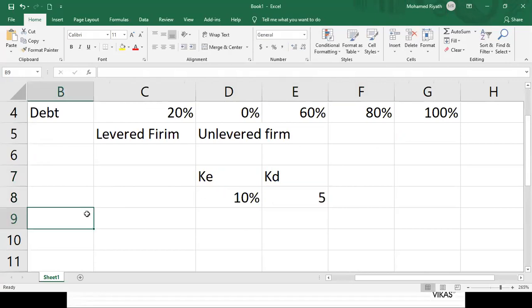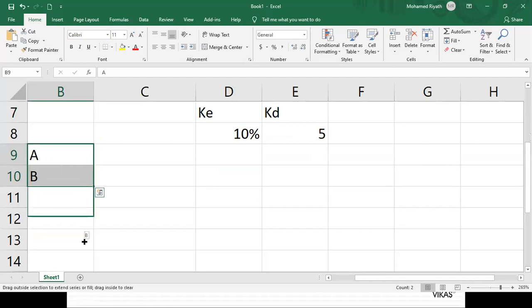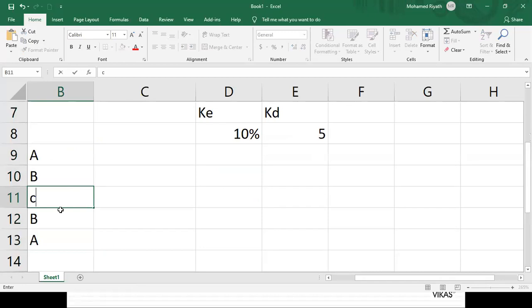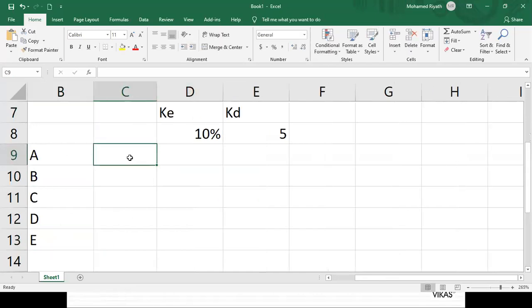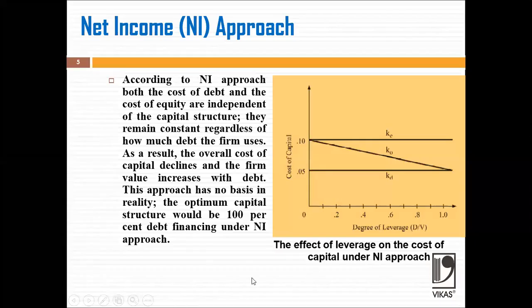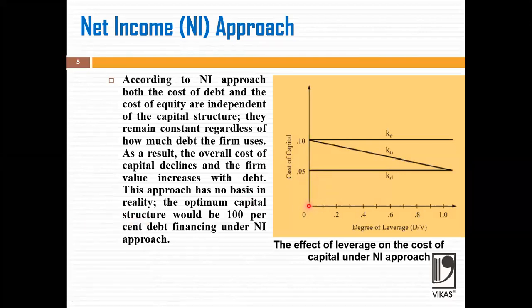First, we will take point A. We take this point first. This is the totally unlevered form.